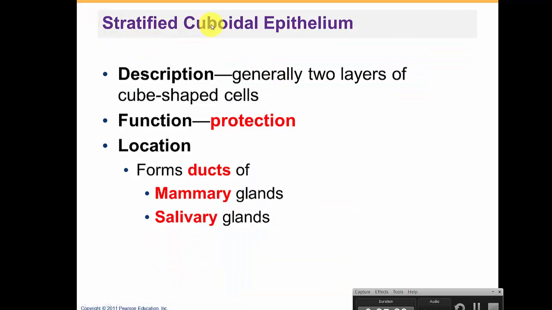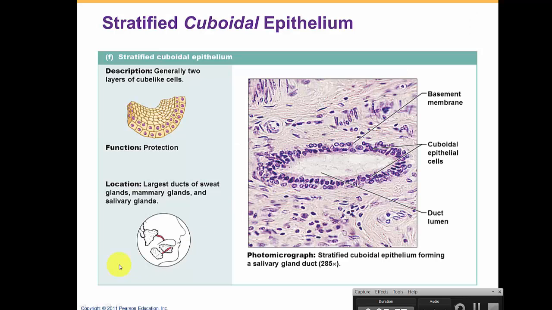The stratified cuboidal epithelium also has a protective function because it's two or more layers of cuboidal cells, and it's present mainly in large ducts of mammary and salivary glands. As you can see here, I can see only the nuclei.